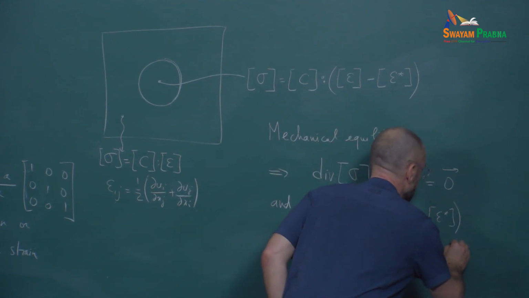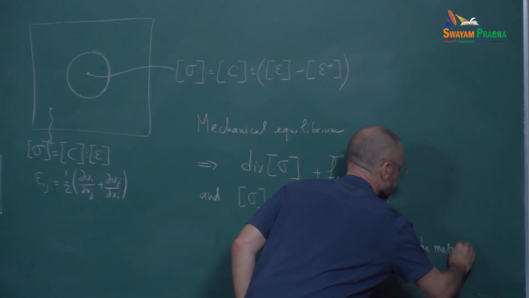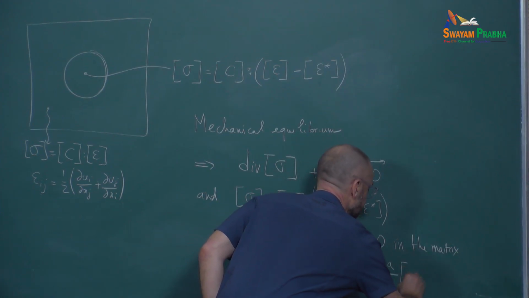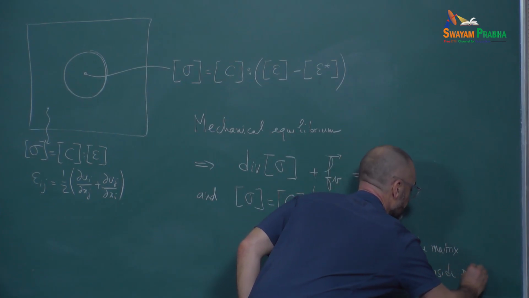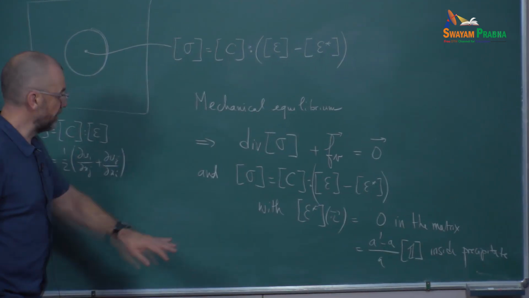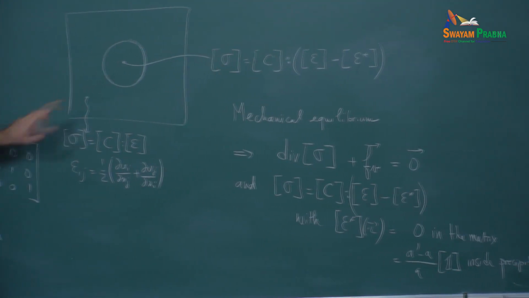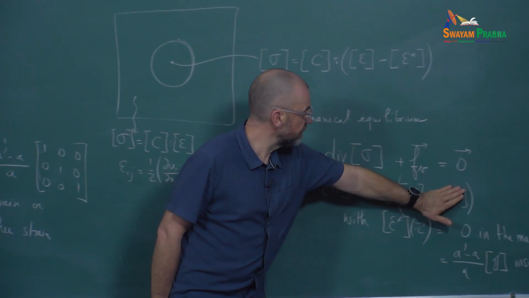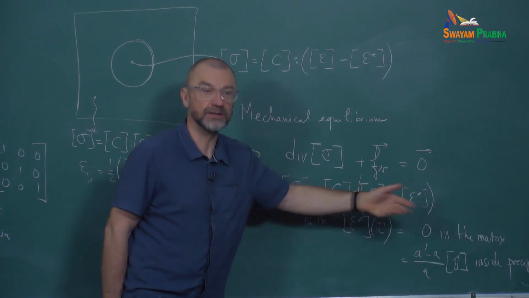It is equal to 0 in the matrix, and it is equal to A prime minus A over A times the identity matrix inside the precipitate. So by taking the eigenstrain equal to 0 outside and equal to its value inside, I have a single definition of the stress. Outside, this term is 0, and I get just C times epsilon. Inside, I have C times epsilon minus epsilon star.